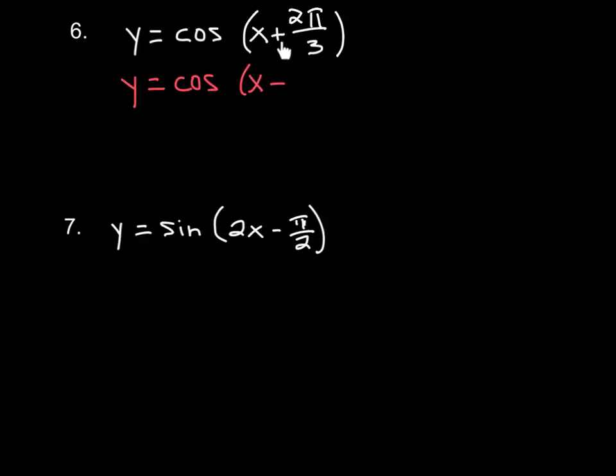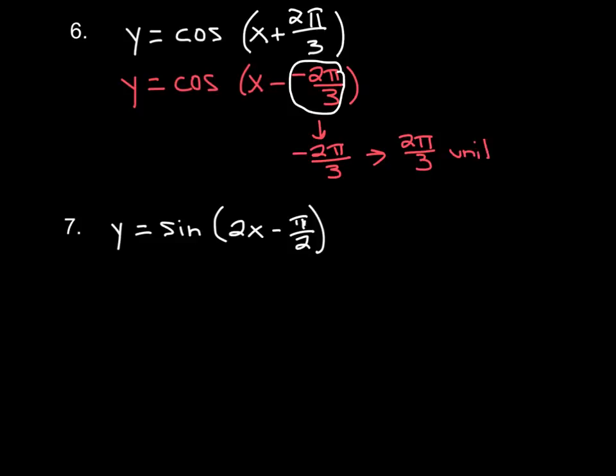Now, since this is a positive sign, and the formula follows a subtraction sign in here, since we know that if you subtract a negative, it gives you a positive, what that means is we must have a negative in front of our 2/3 pi. So really, this right here, the negative 2 pi over 3, that's going to be our horizontal shift. Okay, so negative 2 pi over 3 is going to be our horizontal shift. And what that means is we were shifted 2 pi over 3 units to the left.